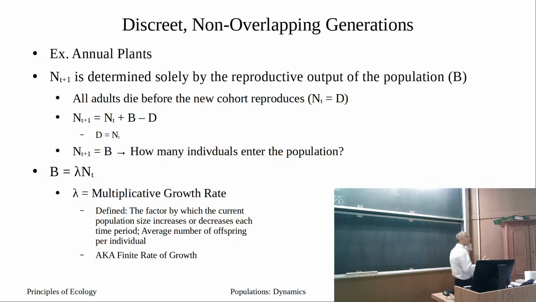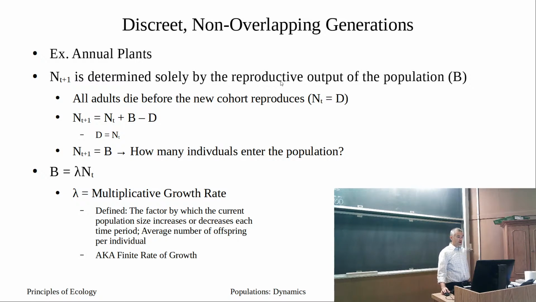So our population size at the next time point, or in the next generation, is solely determined by the reproductive output of our population. Death doesn't really matter because all of our individuals die and are replaced by that next generation. So if all adults die before the new cohort, then the number of deaths is equal to our current population size. They all die.